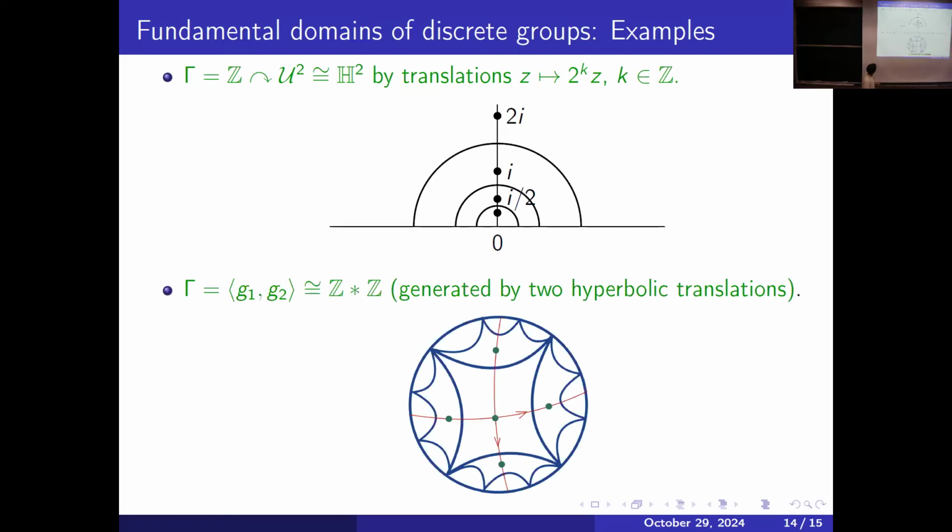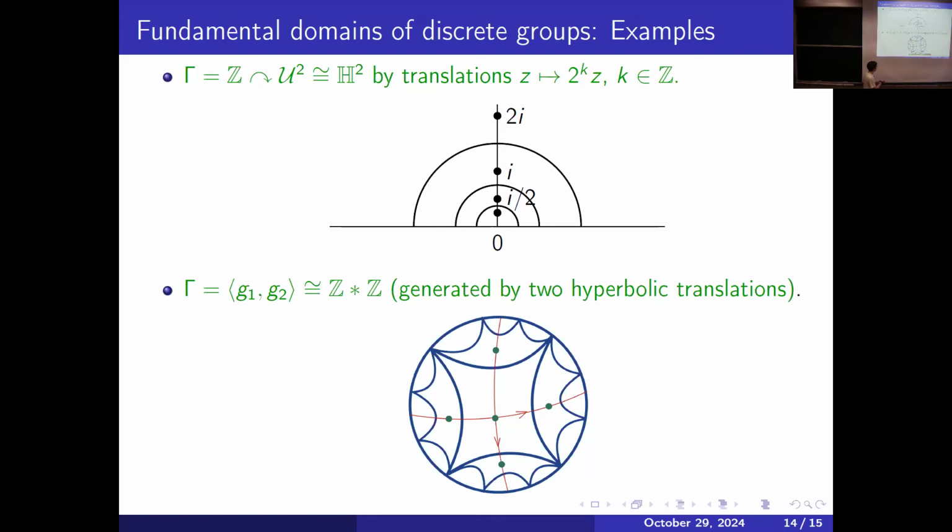The second example is, again, this tiling. Wherever you have some tiling, it already gives you a picture of the fundamental domain. So here, in this case, we tiled the H2 by copies of this ideal foregon with 4 ideal vertices, right? So we have this guy.